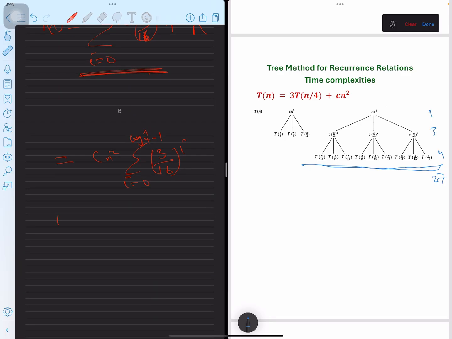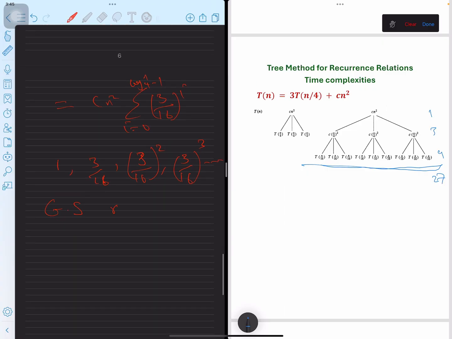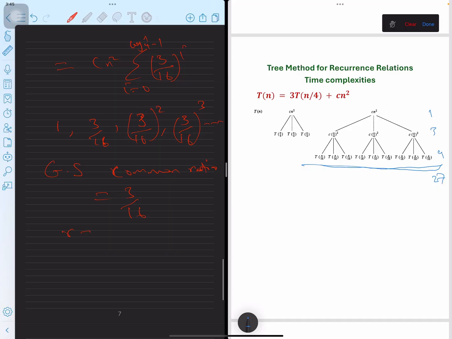It's going to be from 1 to 3 over 16, to 3 over 16 squared, to 3 over 16 cubed, and so on and so forth, because the I will be increasing. So based on this now, I know that this is a geometric series, and I can tell the common ratio is 3 over 16. And this common ratio r is less than 1.